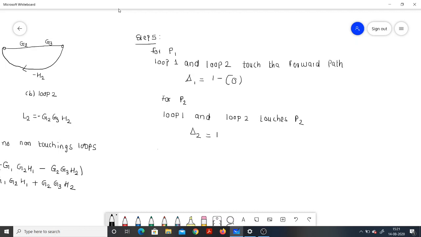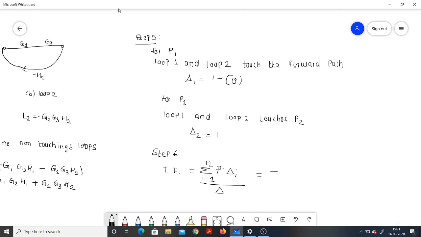In step 6, I will write down the total transfer function using Mason's gain formula. The transfer function is given as the summation of i equal to 1 to n of Pi into del i divided by del, where n is the number of forward paths.